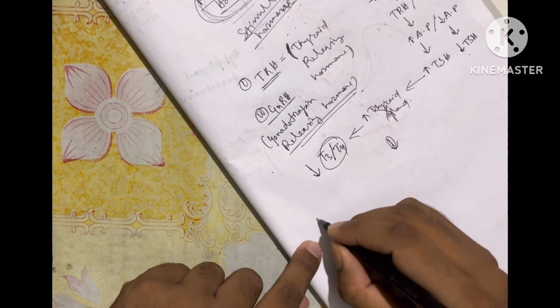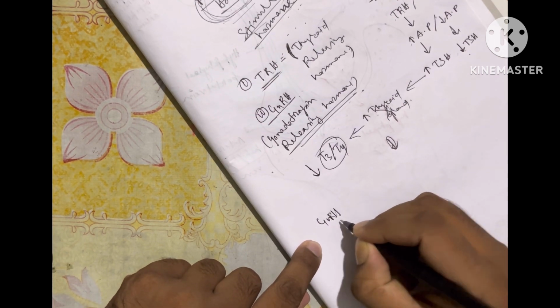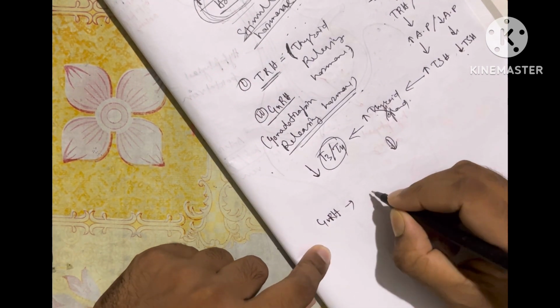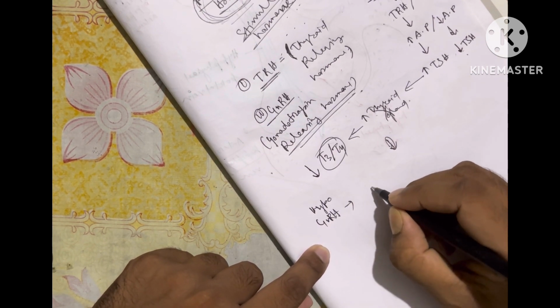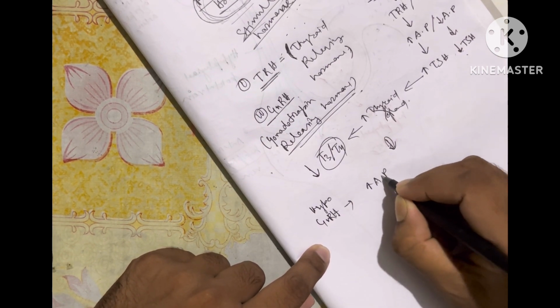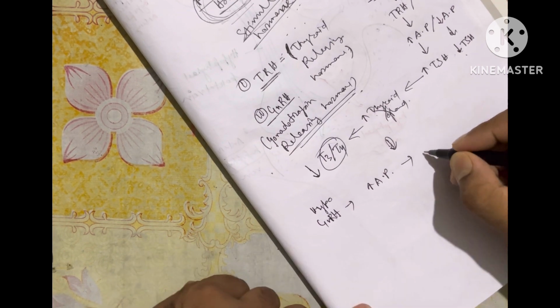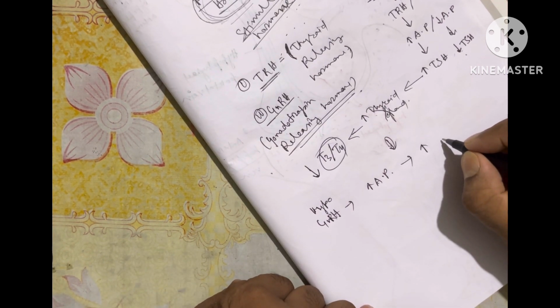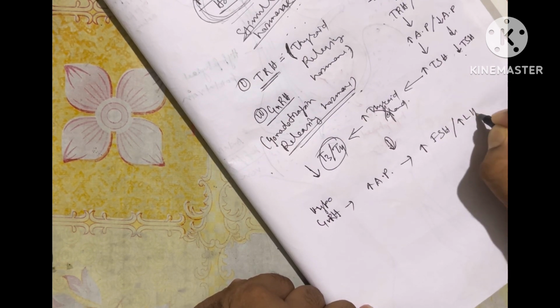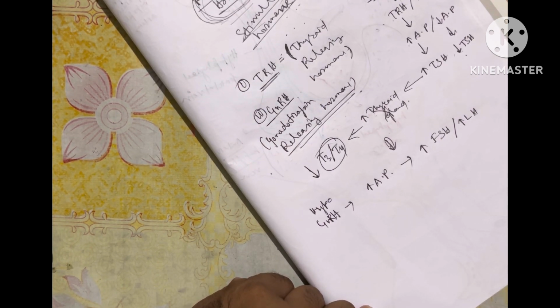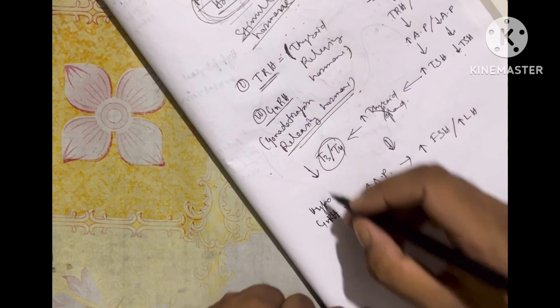So what it will do, GnRH is basically released from the hypothalamus. It will stimulate the anterior pituitary, then the anterior pituitary will increase the production of FSH and LH. So this is how GnRH works.